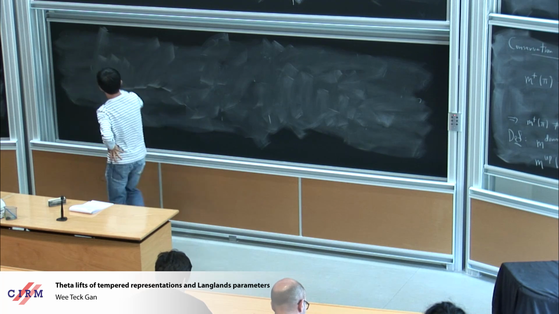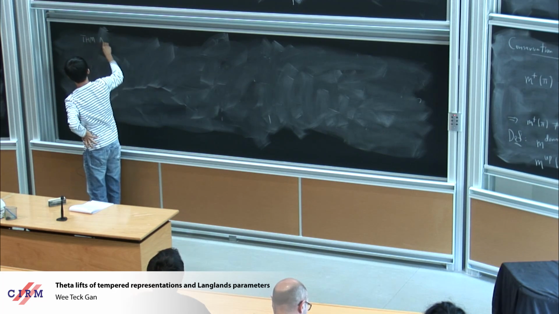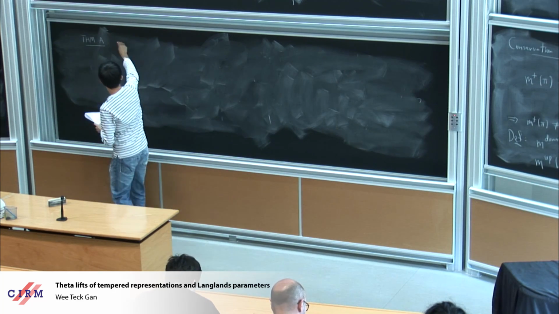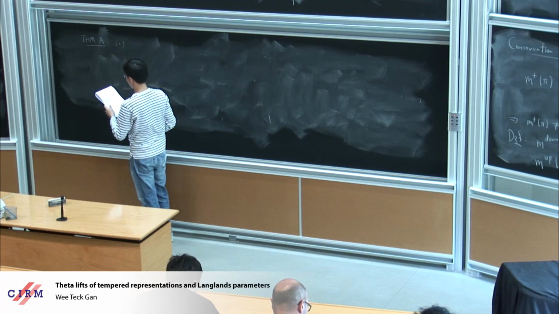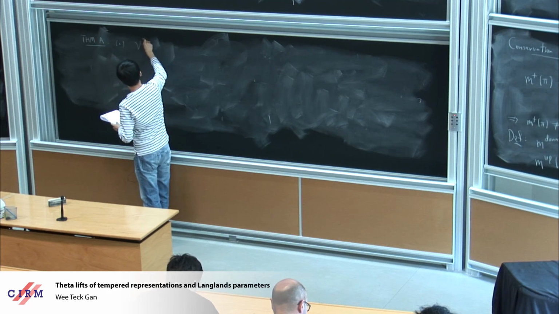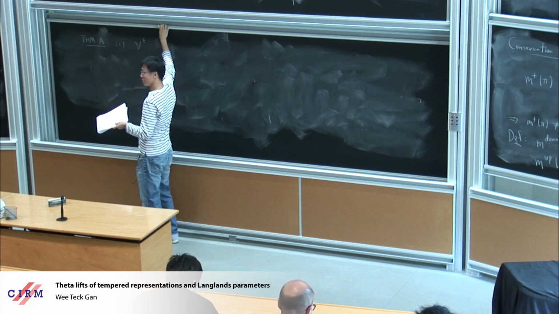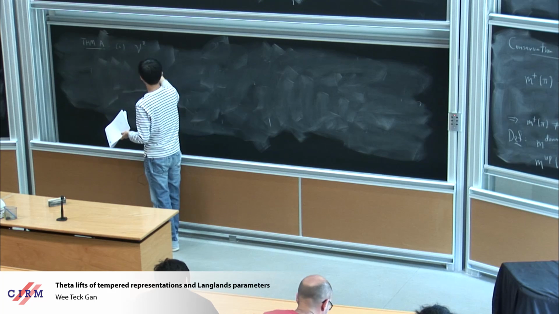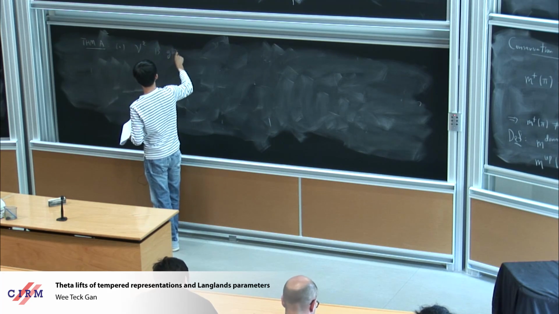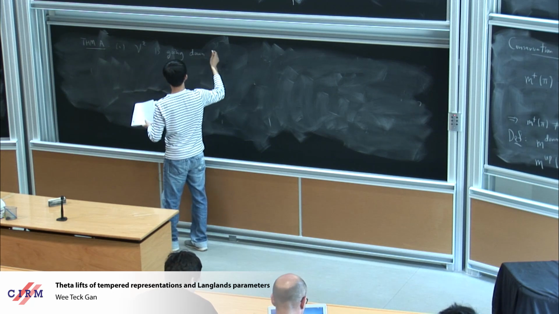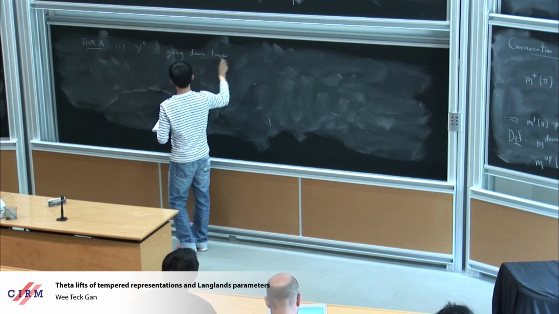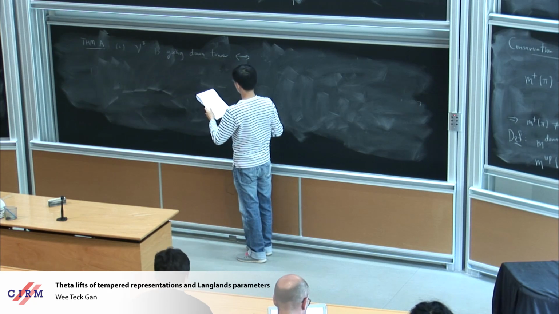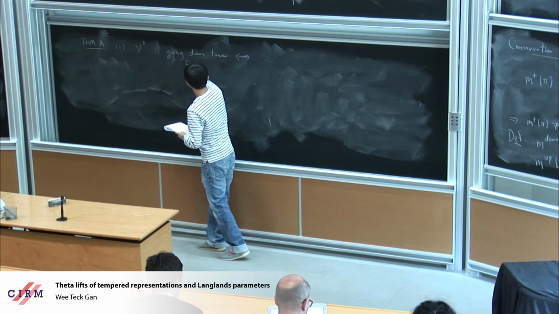Okay, so since I have two problems, A and B, I will label my theorems accordingly. For problem A, I have reformulated it in terms of two questions, right? The first one is which tower is the going-down tower and which tower is the going-up tower. It is the going-down tower if and only if, so I have to decide which epsilon is for pi.